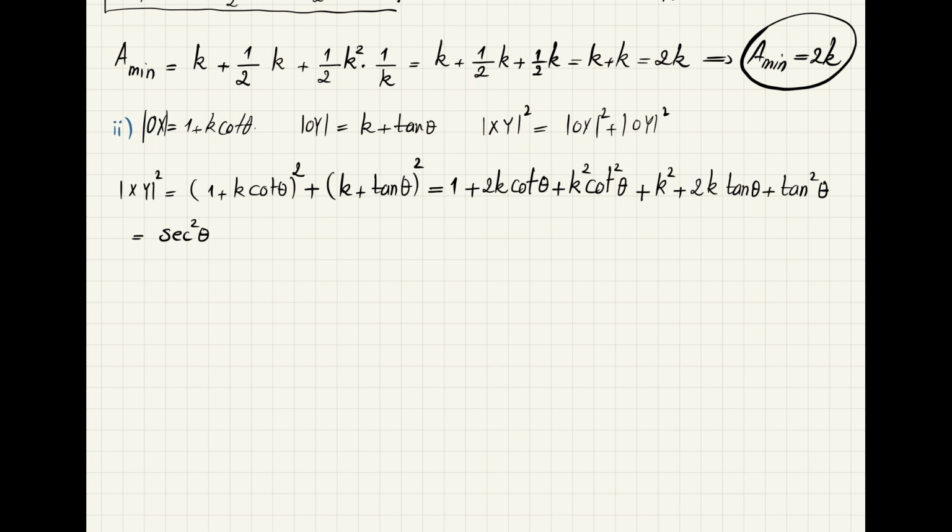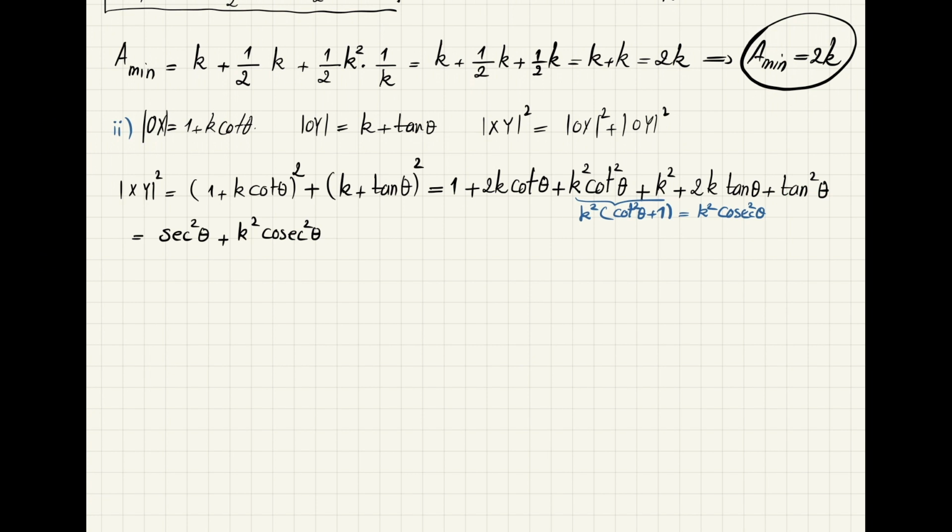And then here, between these two, I can factor k squared out, then I will be left with cotangent to the 2 theta plus 1, but this is equal to cosecant squared of theta. So then it means that this becomes plus k squared cosecant to the 2 theta.